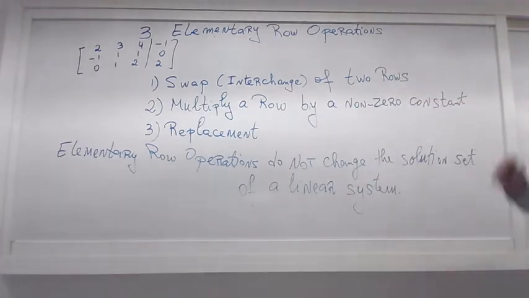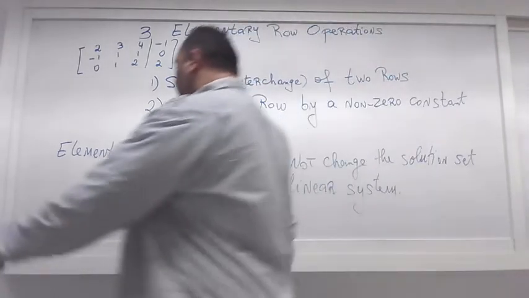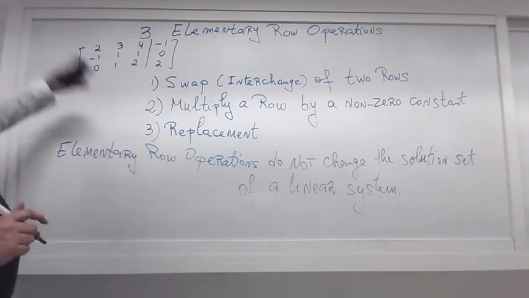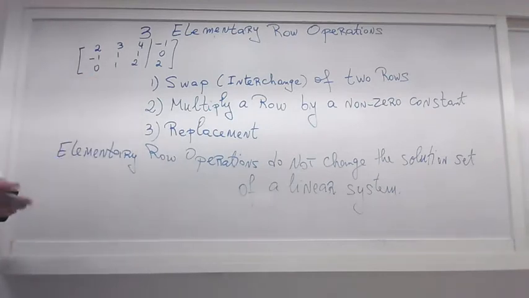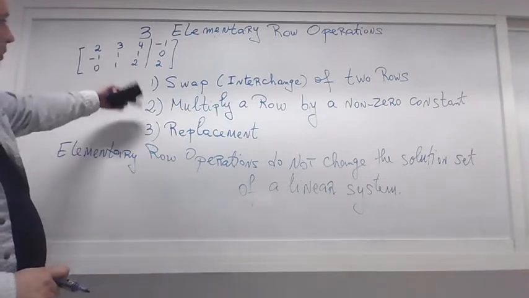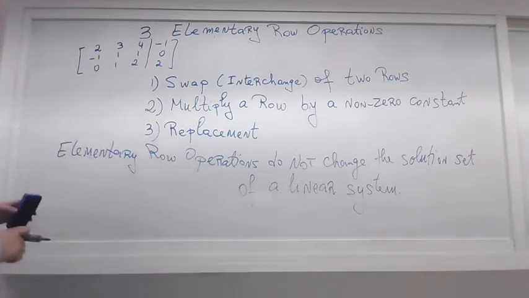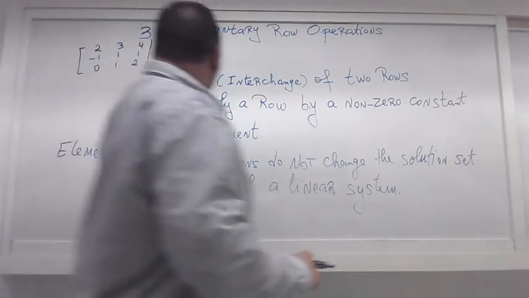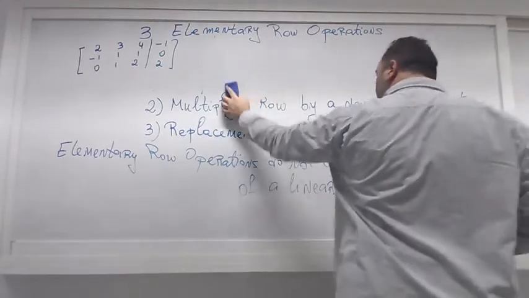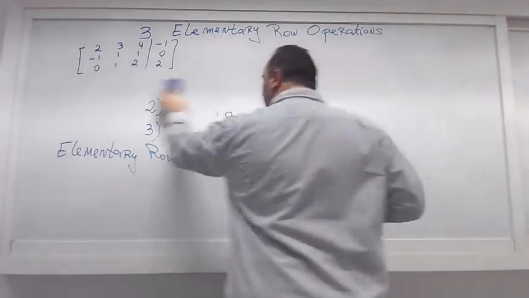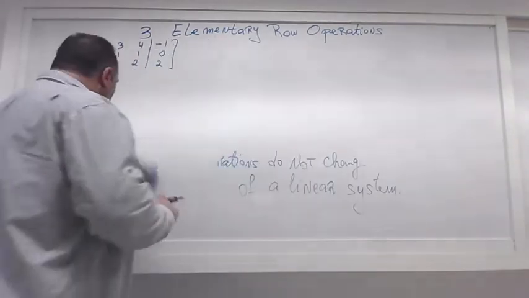We don't need to prove it. We take it as a result. It's gorgeous. So let me illustrate each single one of them on this system. And later on we are going to use them non-stop. Okay, so swap, multiplication, and replacement. So let's have one. And pay attention to the notation. It will be interesting.